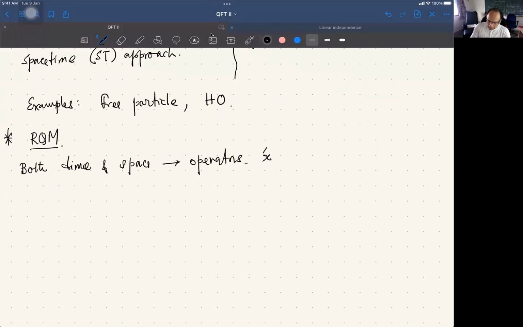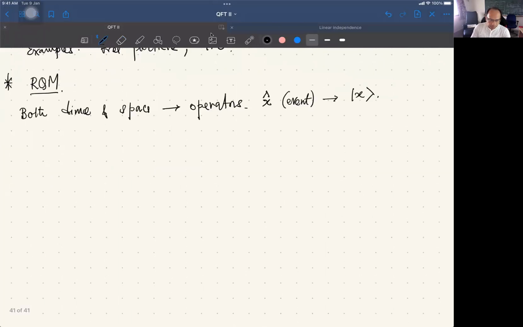And x hat is a four-dimensional coordinate, four-dimensional Cartesian coordinates. It represents an event, and it is because of that operator that we have a state which is labeled by 4x.